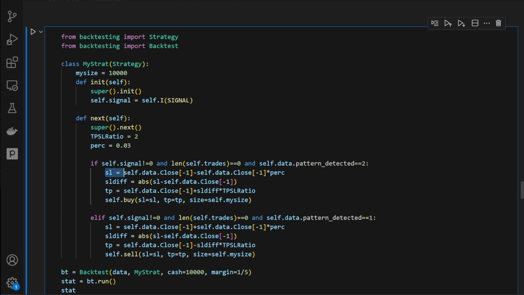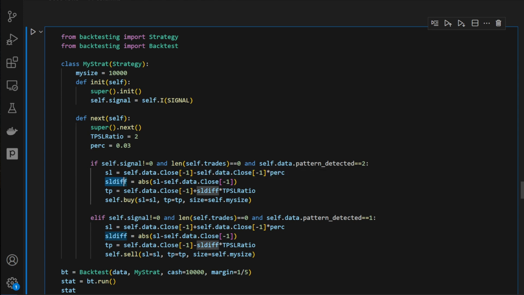And the stop loss is equal to the current closing price of the current candle minus the closing price times the percentage. So this is how we're doing it. It's a percentage of the current closing price for the current candle. So it's 3%, so minus 3.